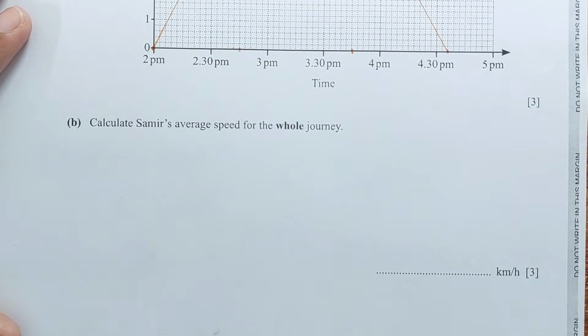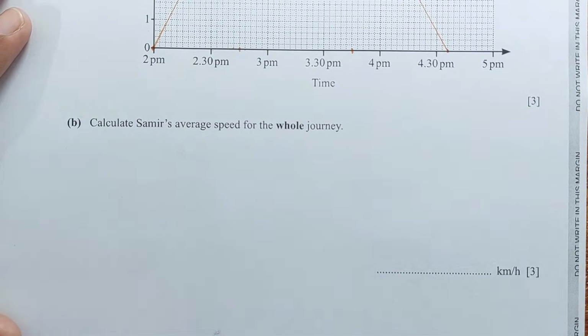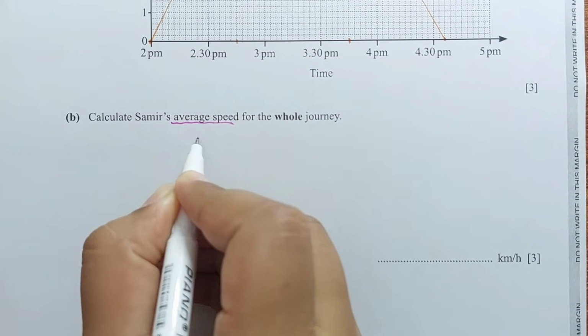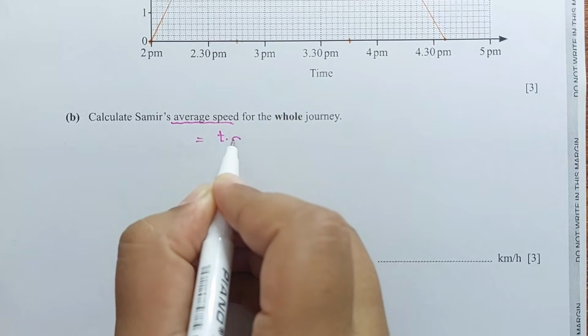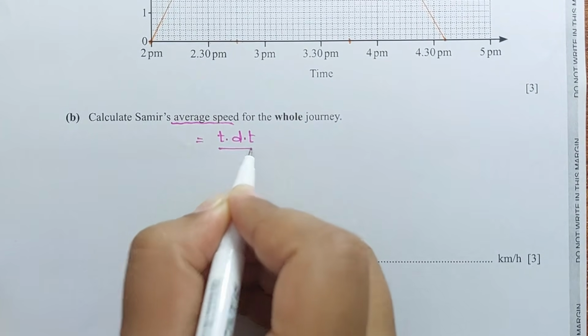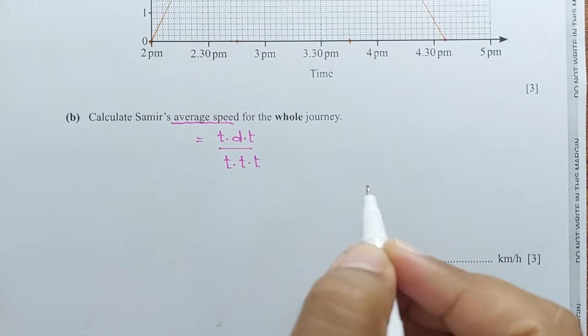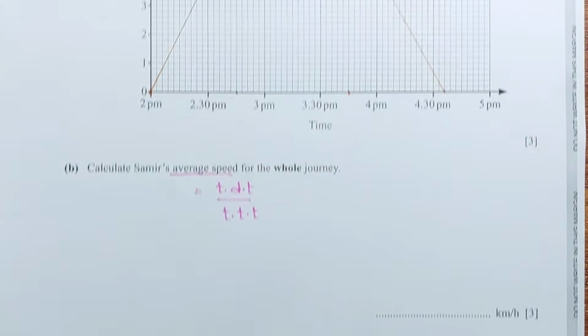Now for part B, calculate Samir's average speed for the whole journey. We know that average speed is total distance traveled divided by total time taken. So how much is the total distance traveled?